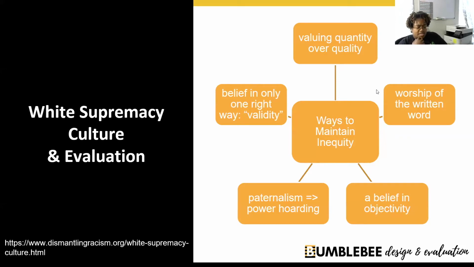I want you to think about some of the ways that you were either taught to be researchers or evaluators, or learned about evaluation as you went along the way. For example, we're taught that there's only one valid way of looking at something, which typically means the trained and objective scientific eye that we were taught is important, but is an eye that's rooted in a Western white value system.